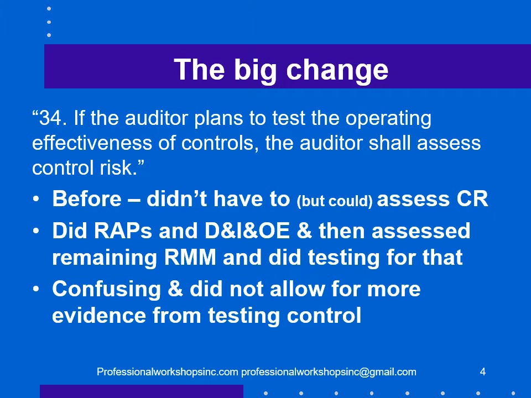Now, I will agree that often a systems walkthrough, testing the operating effectiveness, is all you're going to do to test internal control, and that will often be the case. But sometimes your audit strategy could allow for more testing of control, if that's something that makes sense.